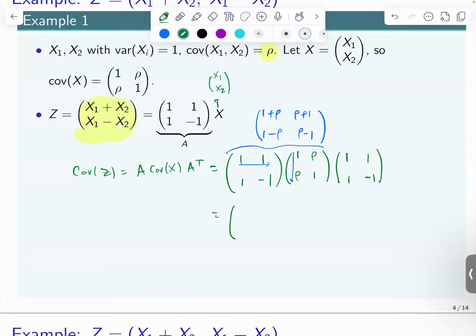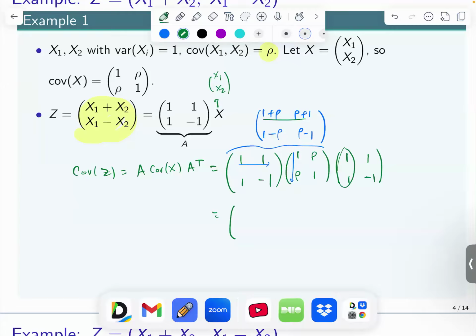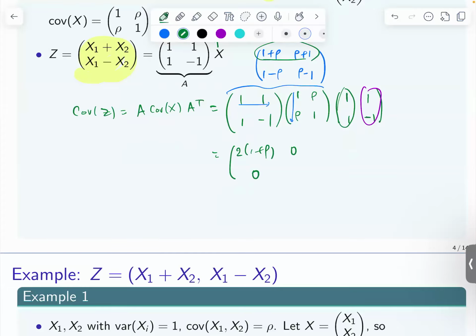I'm going to assume that you know how to do it, so I'm not going to spend too much time. So 1 plus rho times 1 plus rho would be this times that. So I get 2 times (1 plus rho). And then what happens to the other one? Multiply this by that: 1 plus rho. And this one you would know is 0 because it has to be symmetric. You can just double check that. If you're doing the exam, that tells you if something's mismatched or wrong.